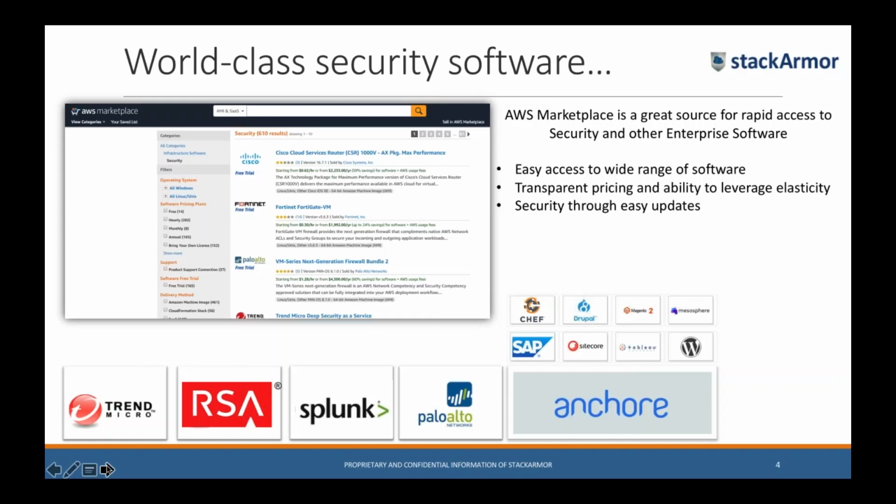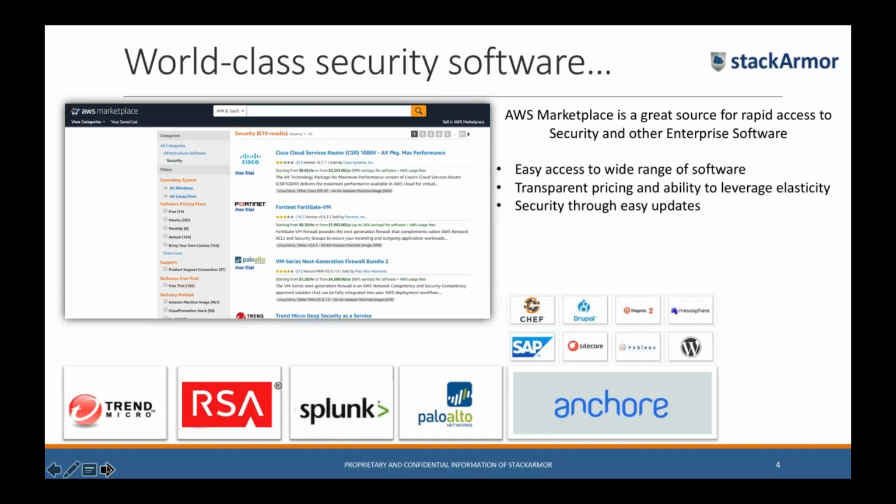So let's talk a little bit about how we secure our workloads and do vulnerability and penetration scanning on AWS. The start really is the access to and the availability of top-of-the-line security software and capabilities.